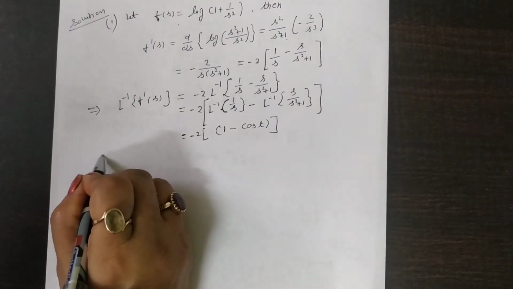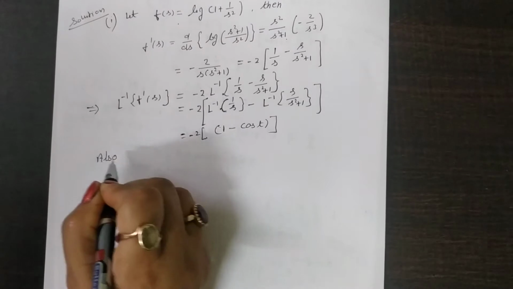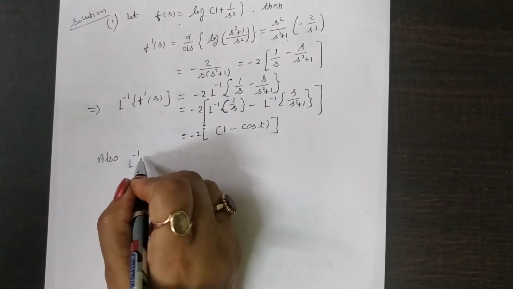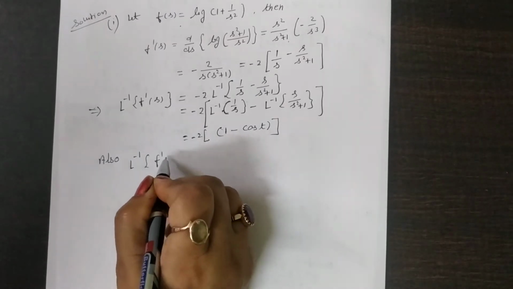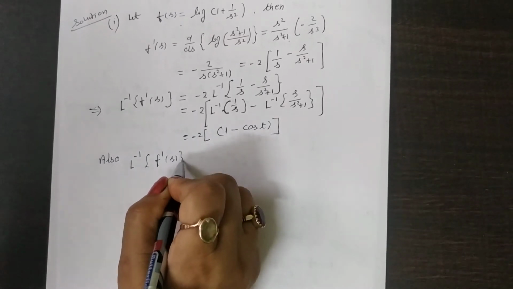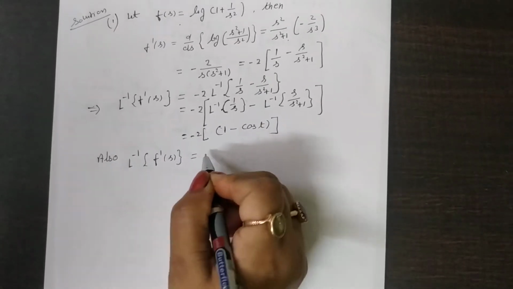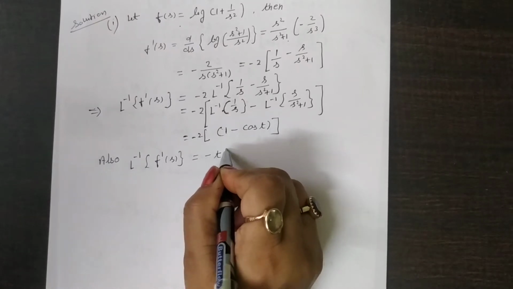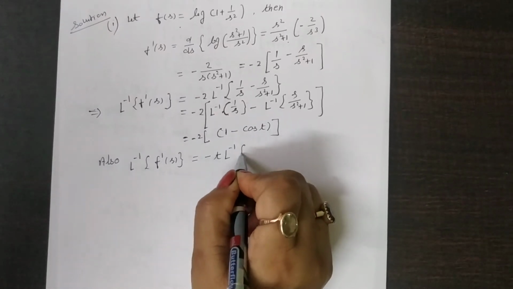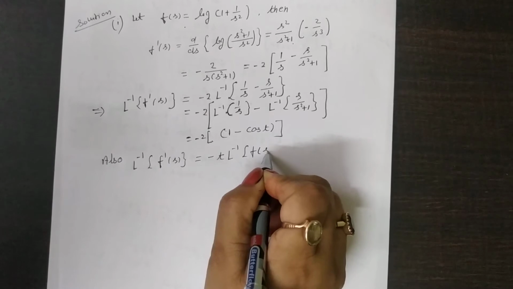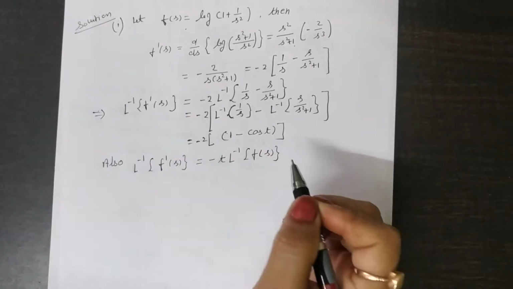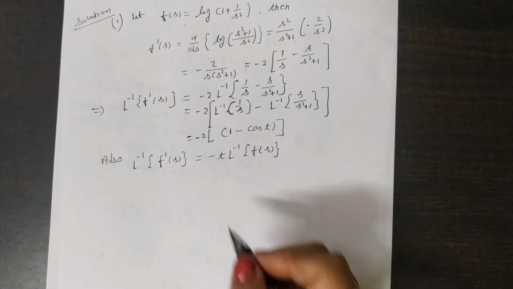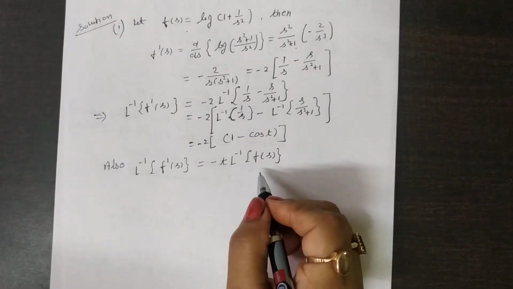Also, Laplace inverse of F'(s) is equal to minus t times Laplace inverse of F(s). From the derivative property, if you differentiate once, then you get minus t.